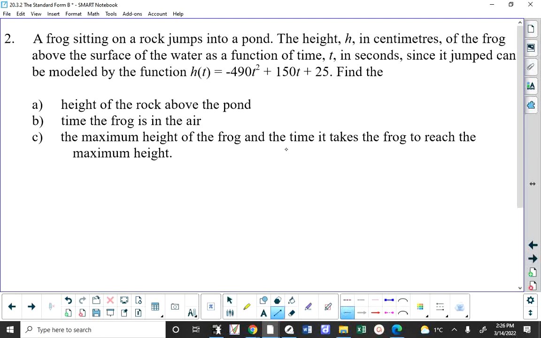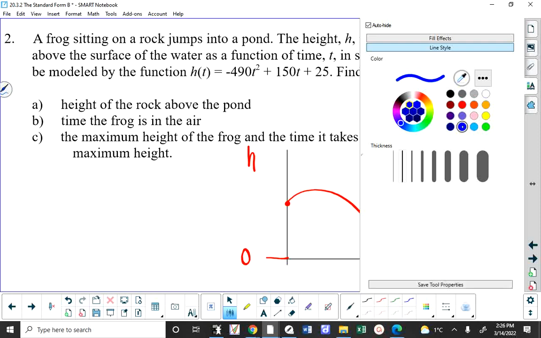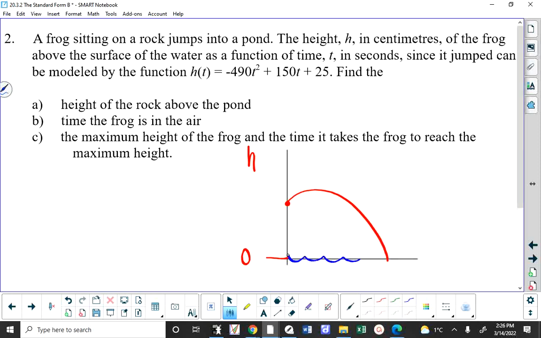I hope it's reasonable for you to understand that this is probably what the graph would look like, where this is h equals 0, which means that this is where the nice blue water is.